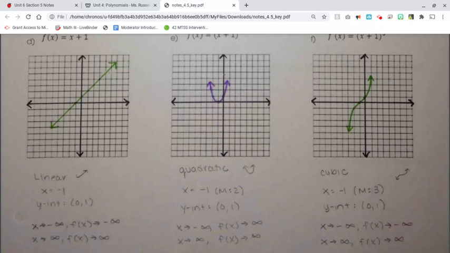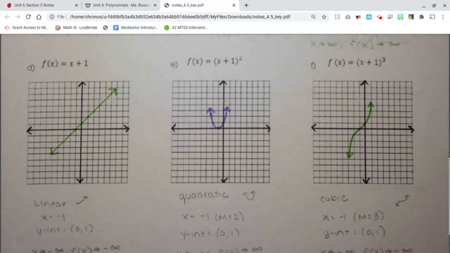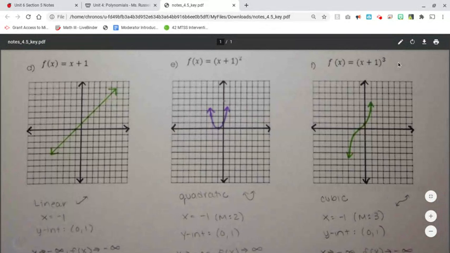So if it only crosses at one place at -1, then all 3 of the zeros would be at -1. So what that means is it's x plus 1, x plus 1, and x plus 1. And if you set all those equal to 0, -1 would be your answer 3 times.